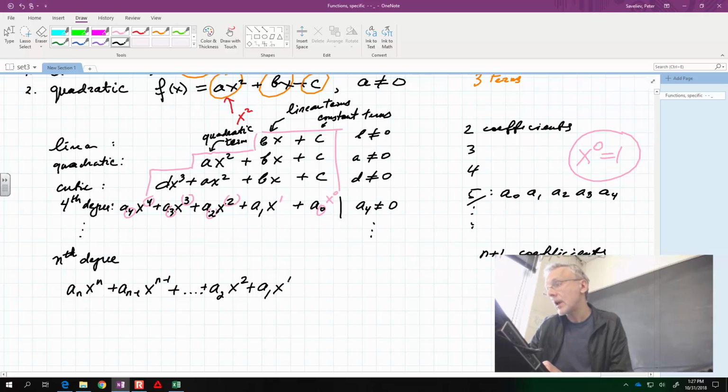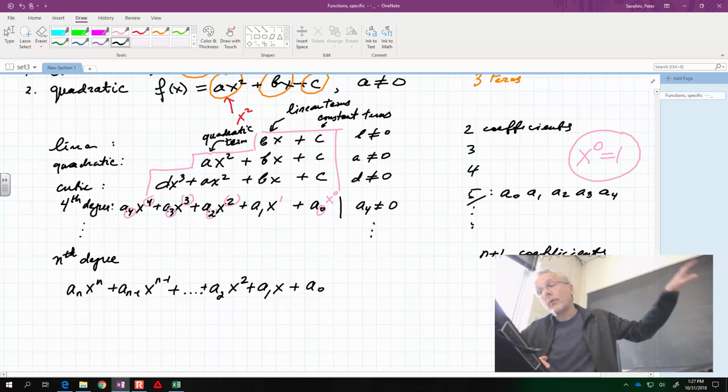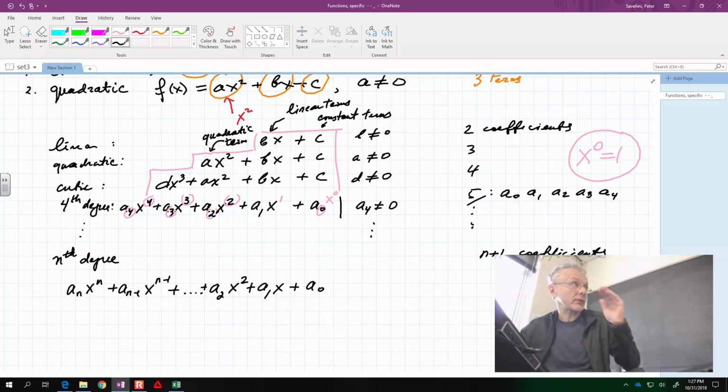As you can see, each polynomial includes a polynomial of lower degree in it. So as you can see, for the fourth degree polynomial, if you cover up the first term, which you cannot remove, then the rest of it is a cubic polynomial. If you take a cubic polynomial and cover up the first term, you're left with a quadratic polynomial. So that's the point of this kind of arrangement of terms.